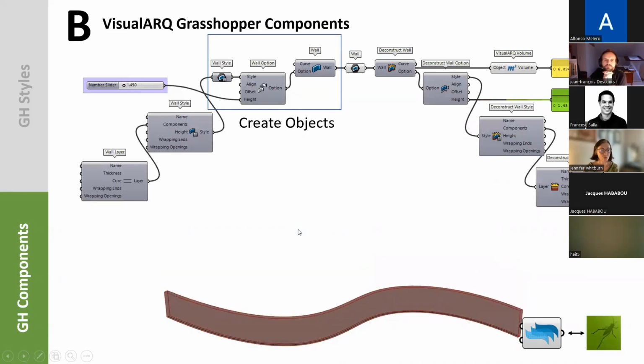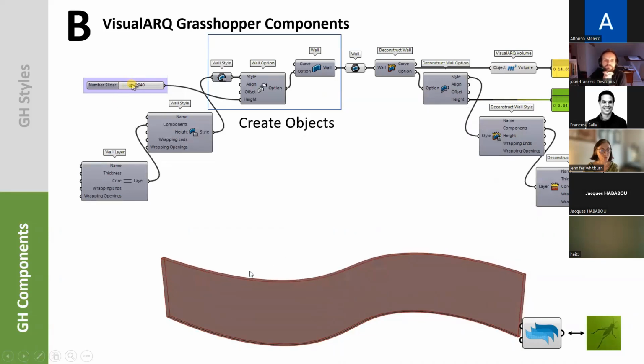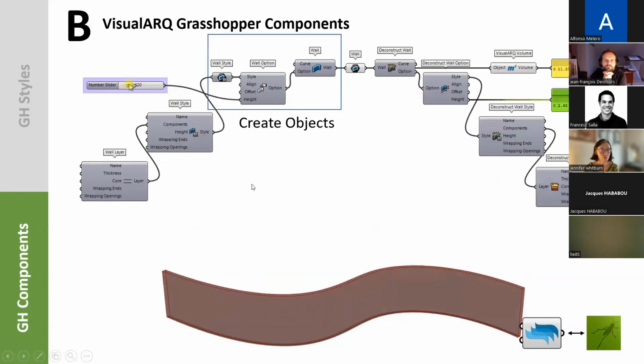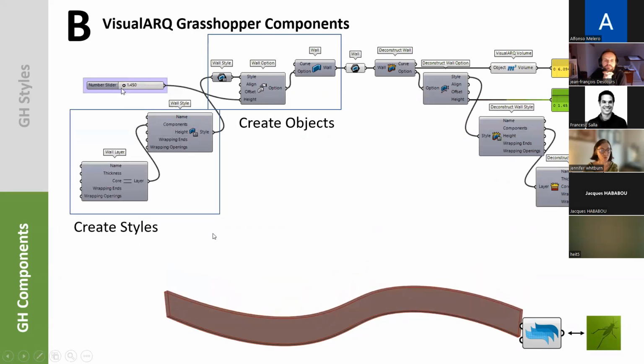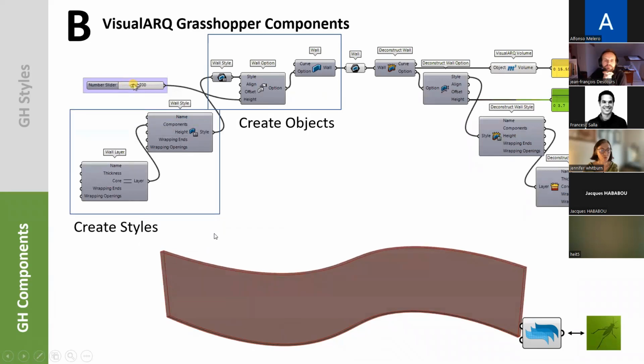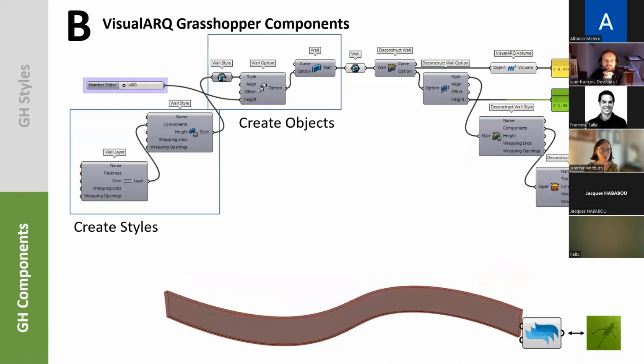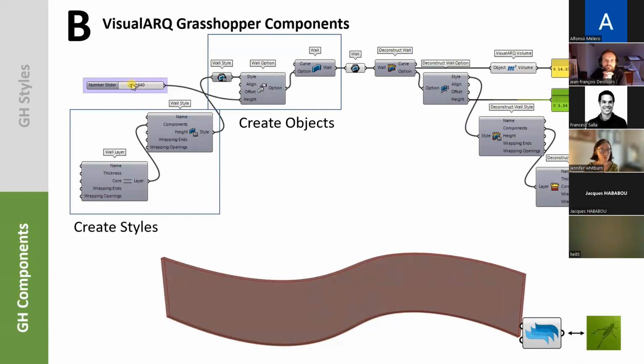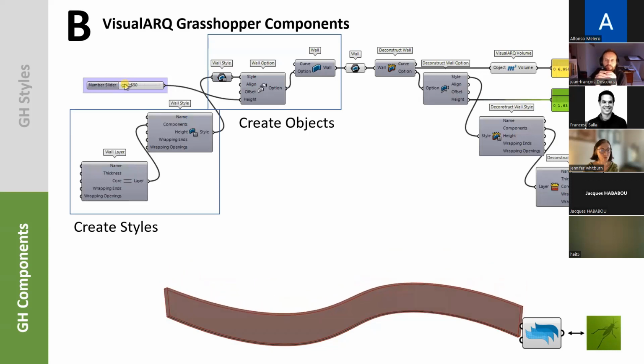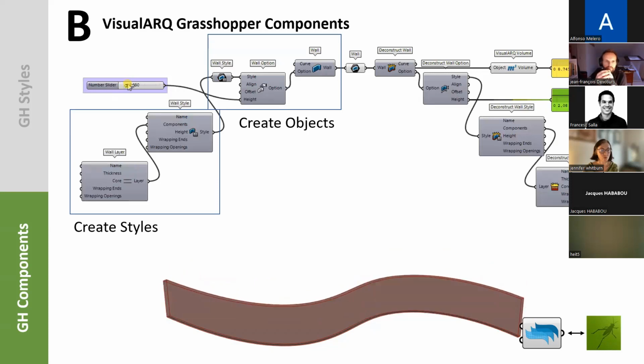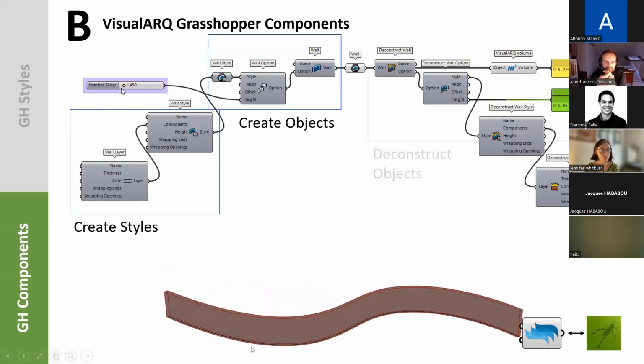Basically, a wall is generated from a path curve, and we have some additional options to tell the style of the wall and the height of the wall. Then we've got some other components to generate the styles. Basically, styles are the features that define VisualARQ objects. For example, in the case of a wall, the styles determine the number of layers or the thickness of each layer. And we can also create them in Grasshopper.